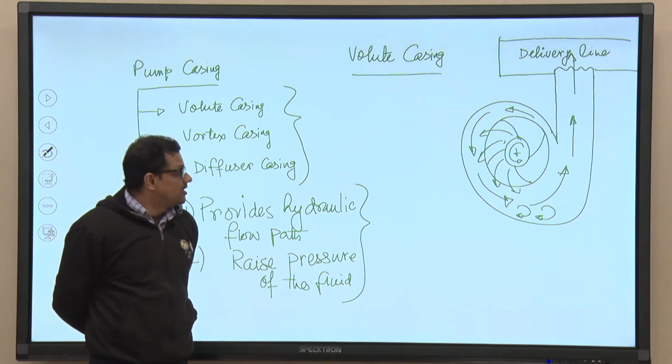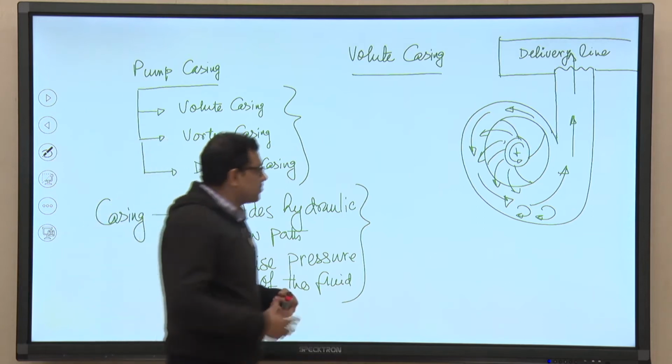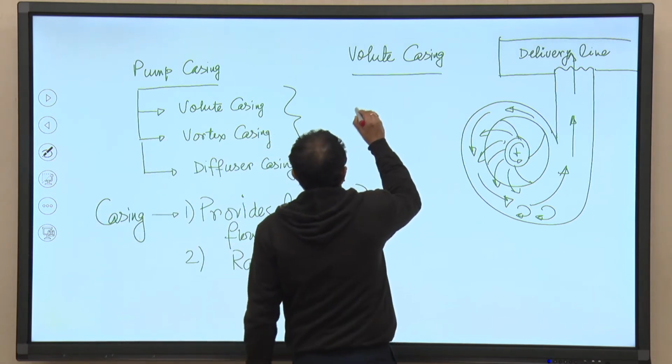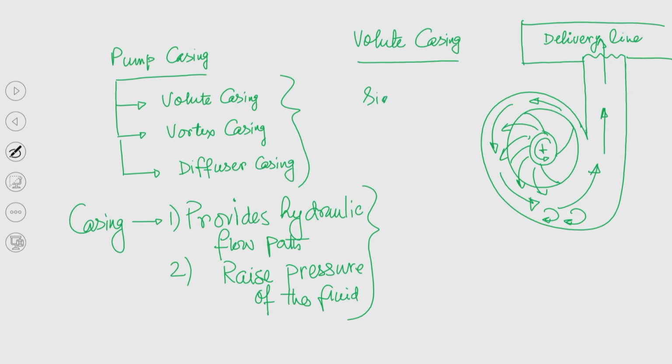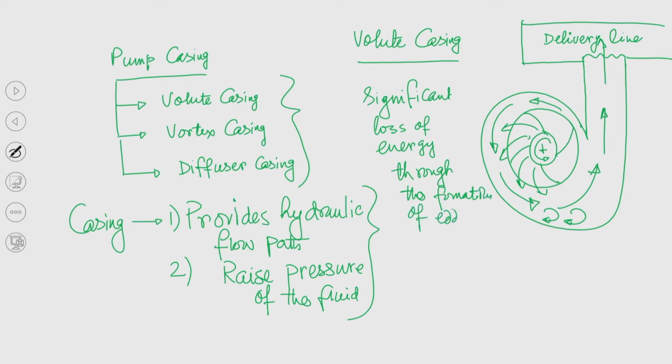That means, using volute casing, one problem is significant loss of energy through the formation of eddies, right.